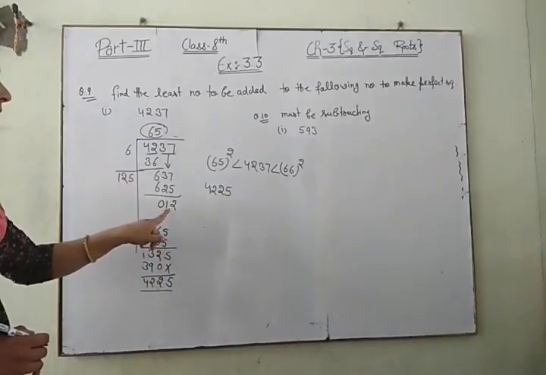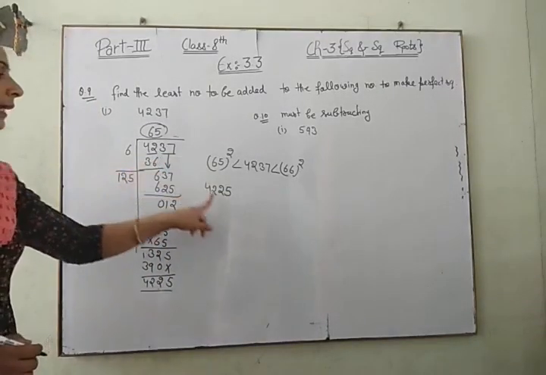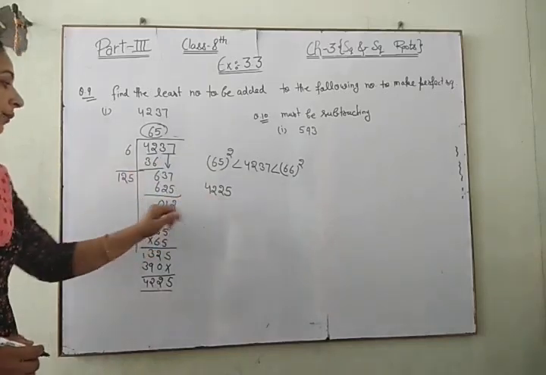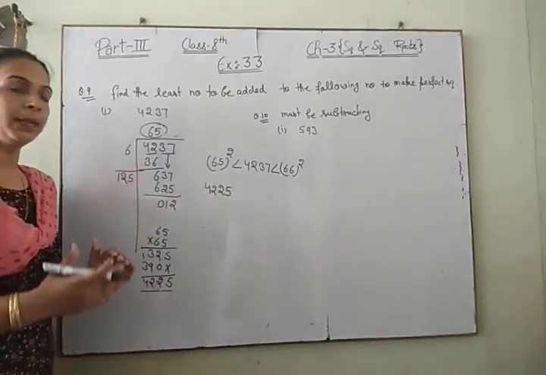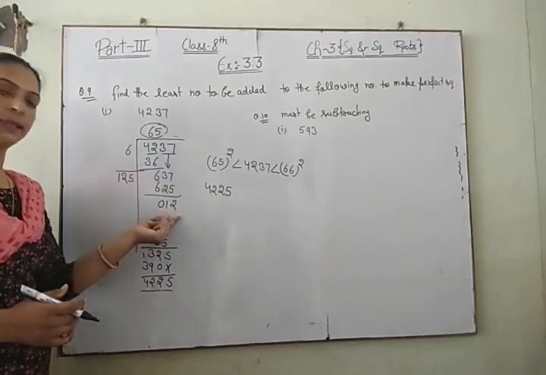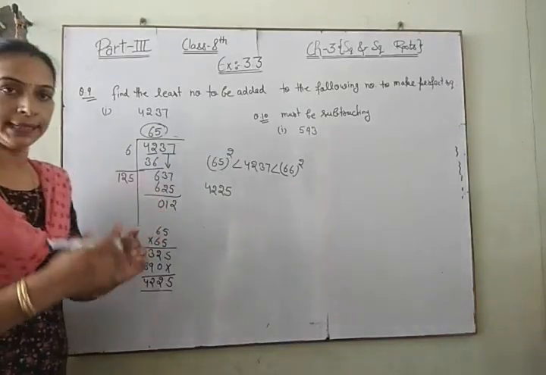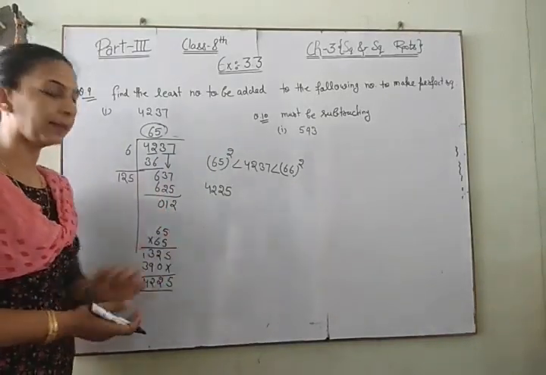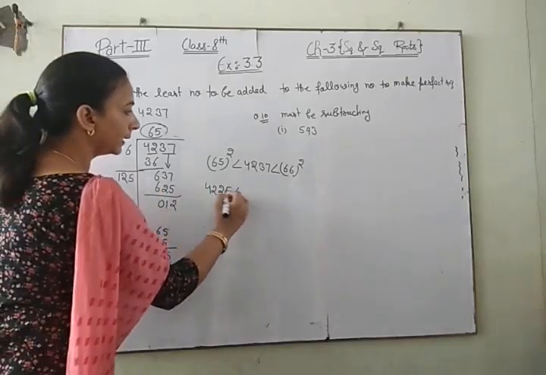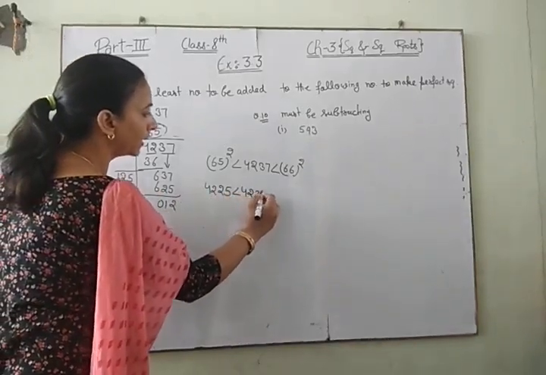If we subtract 12 from this number, then that is equal to 4225. If we find a simple subtracting number, it is the same as it is. But if we find an adding number, then we follow this method. And this is less than 4237.